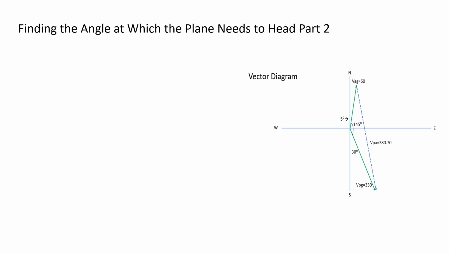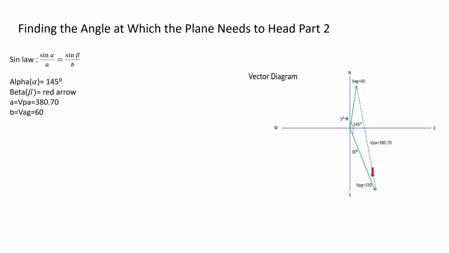Another way to solve this problem is to find the other angle and then add the outer angle of the vector VPG, which is 60 degrees, to it. Our alpha would still be 145 degrees, and beta would be the new angle being shown by the red arrow. Side A would stay as VPA, which is 380.70, while side B becomes VHE, which is 60.